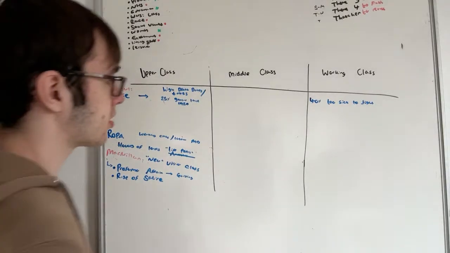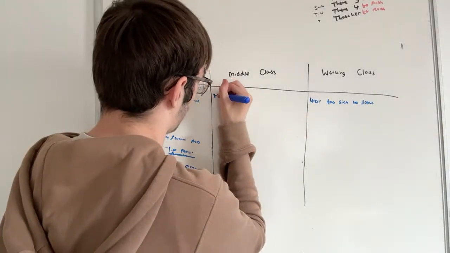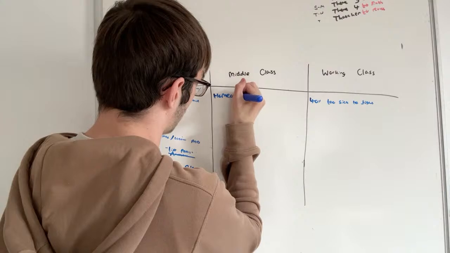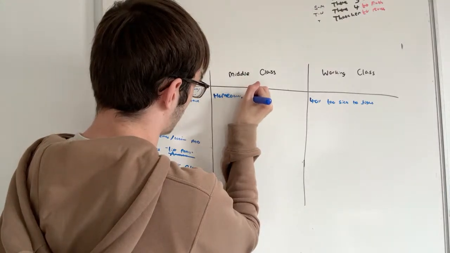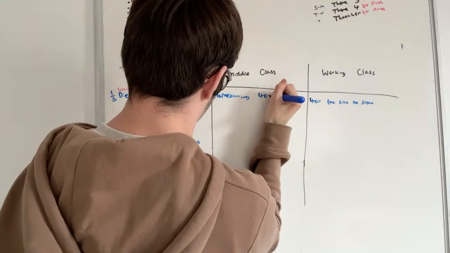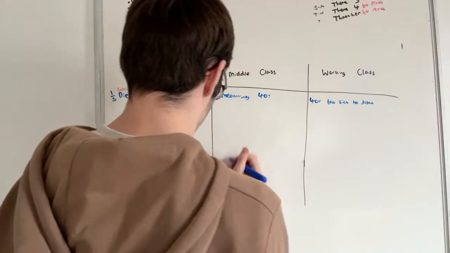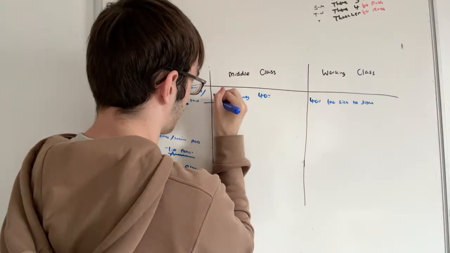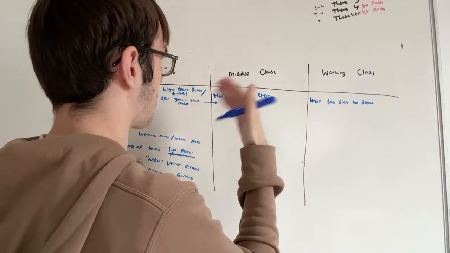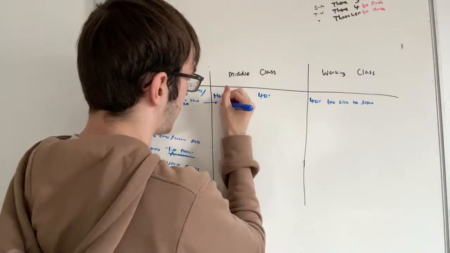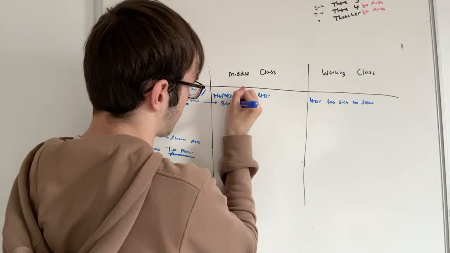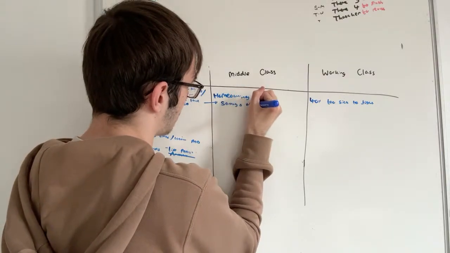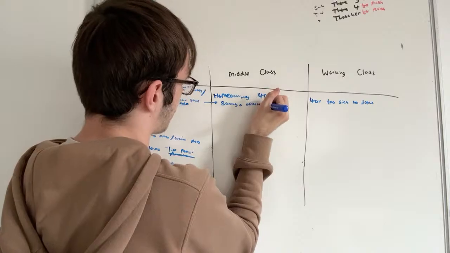In terms of the middle class, this is more to do with homeowning, and the idea that 40% owned homes. You want to talk about how, similarly to the upper class, they had things like savings accounts affected because of the war.